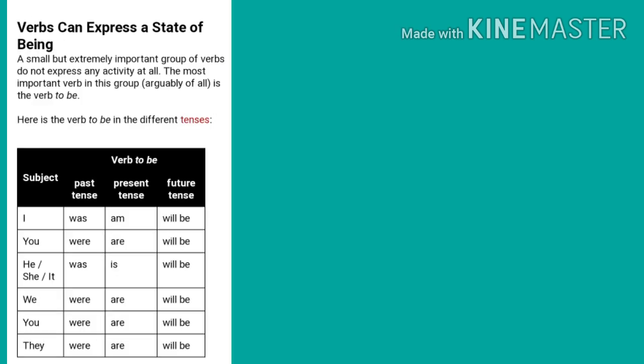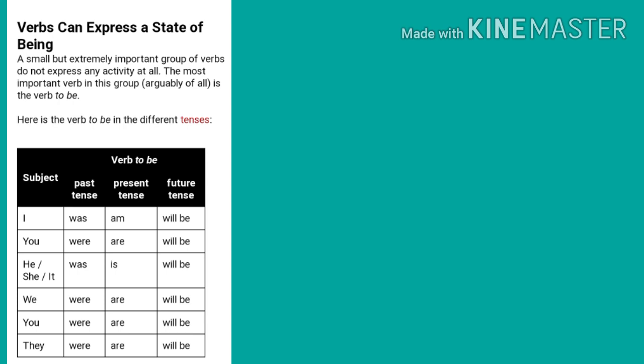Now let's discuss the verbs which express a state of being. You can see that a small but extremely important group of verbs do not express any activity at all. The most important verb in this group is to be.